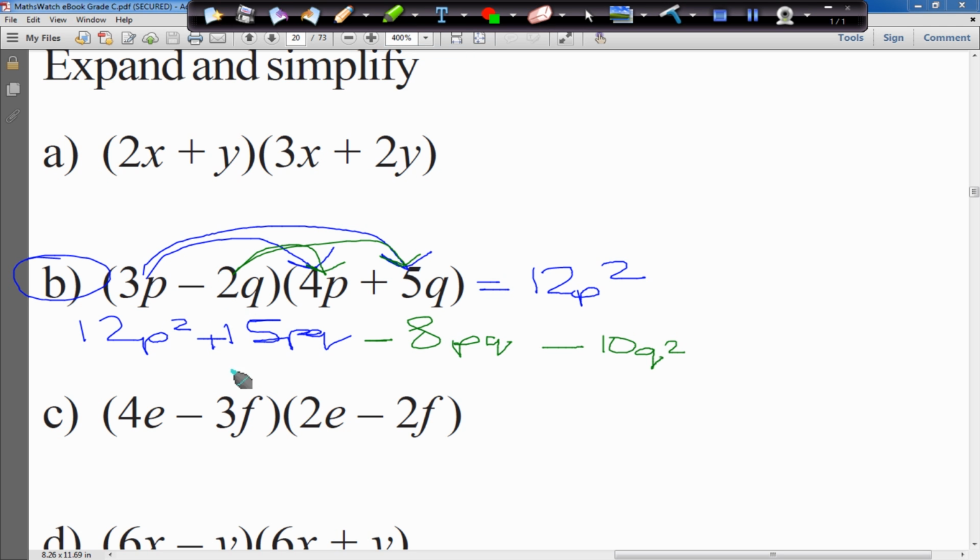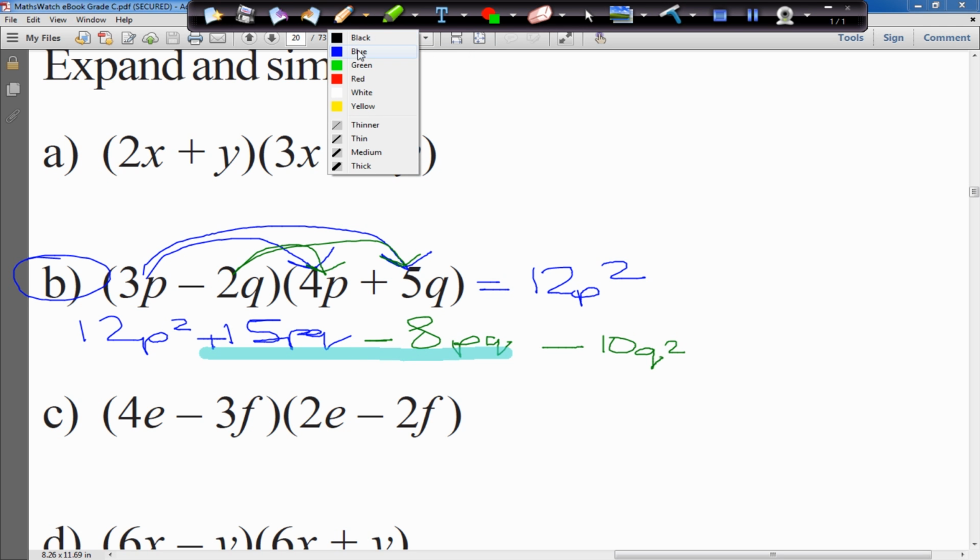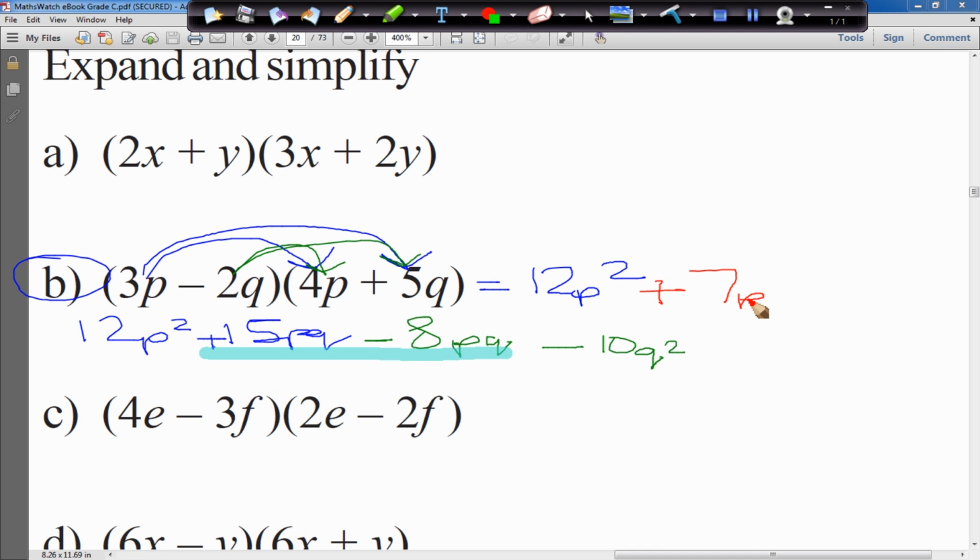These two can simplify because they are both pq terms. What does that give us? So 12p squared stays the same, plus 7pq, and that one doesn't simplify, so that becomes minus 10q squared. Done. Okay, I want everybody else to have a go at question C and D for me, please.